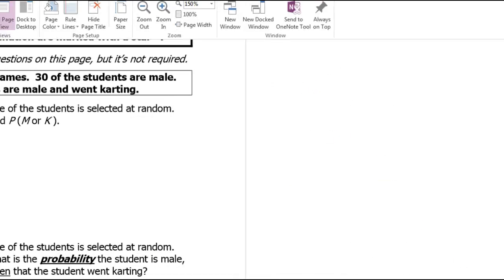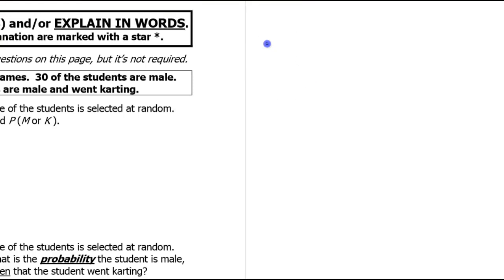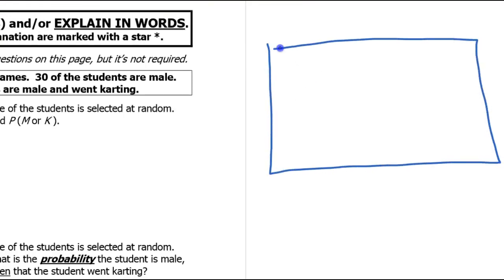Okay, so here comes my Venn diagram. This will be the universe. Okay, so some people went karting and some people are male.